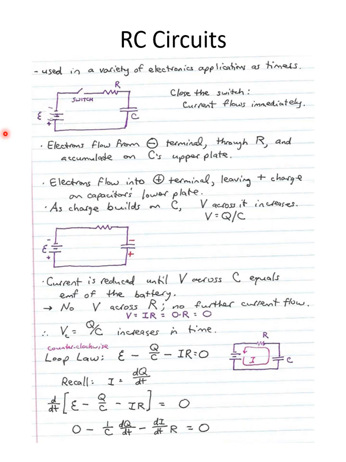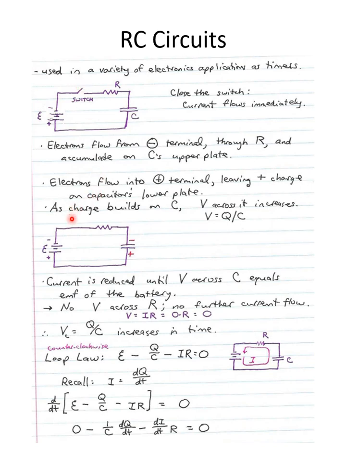Now you look at this picture, here we've got a battery, we have a switch, a resistor, and a capacitor. As soon as you close the switch, current will flow immediately. Electrons will flow, let's follow along with my pointer, they'll flow from the negative terminal. Now imagine the switch is closed.